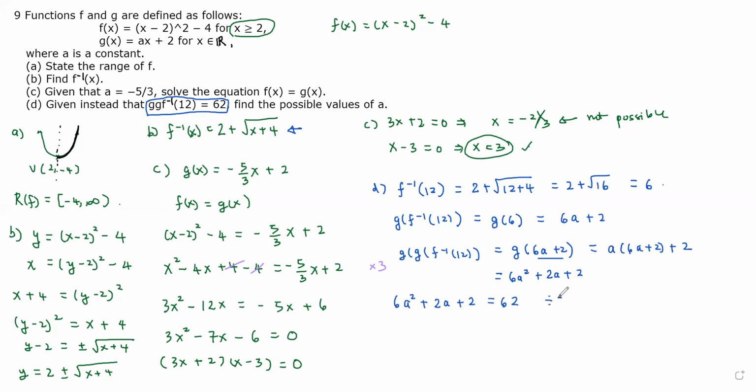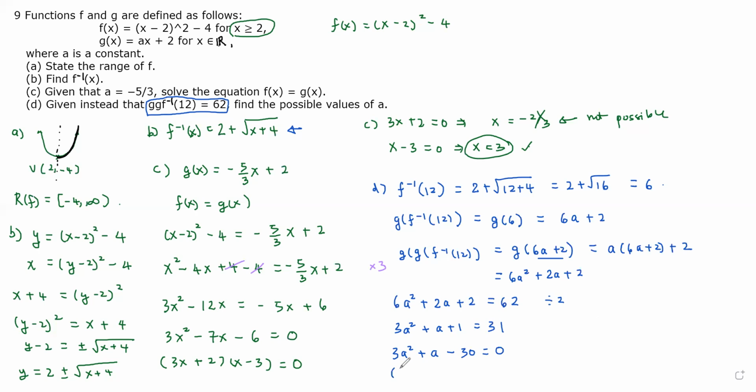We can divide throughout by 2. 3a^2 + a + 1 equals 31. Making the right side 0, we bring the 31 over to the left. 3a^2 + a - 30 equals 0.